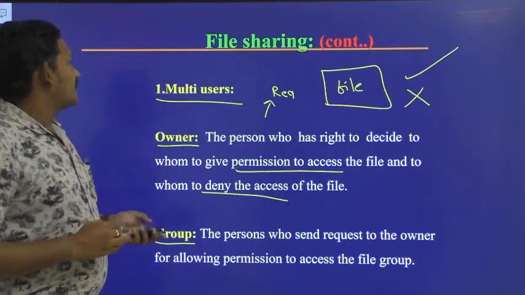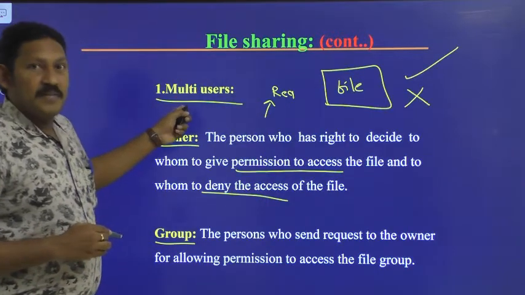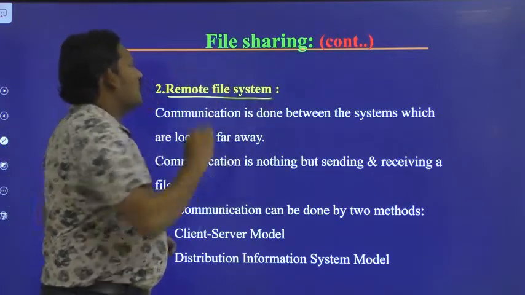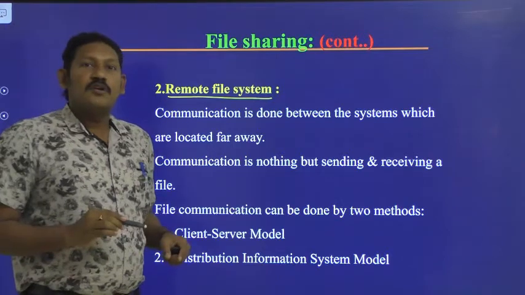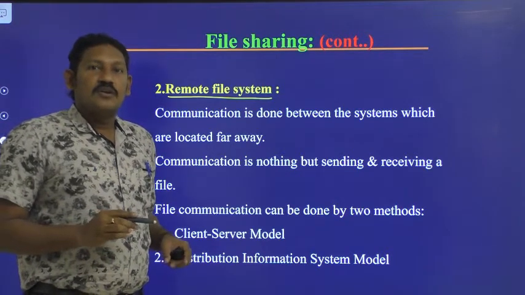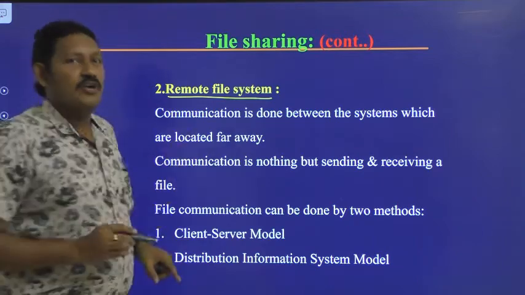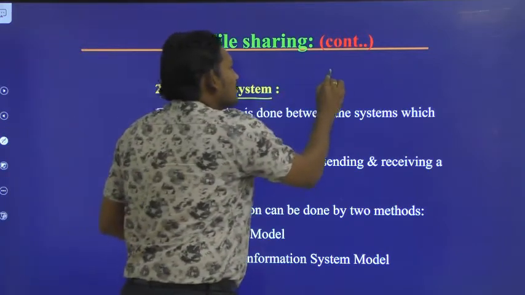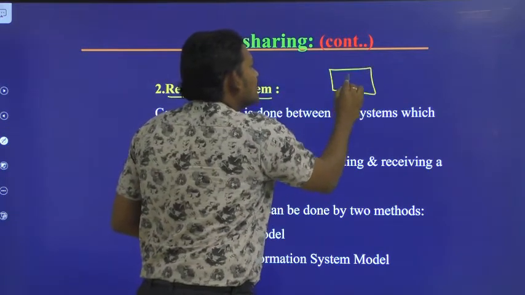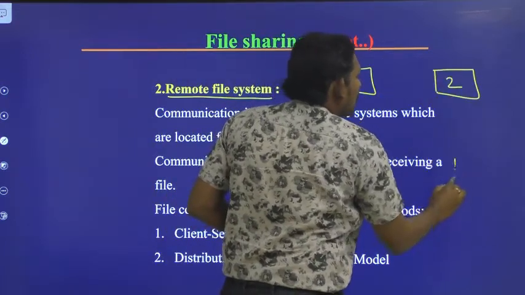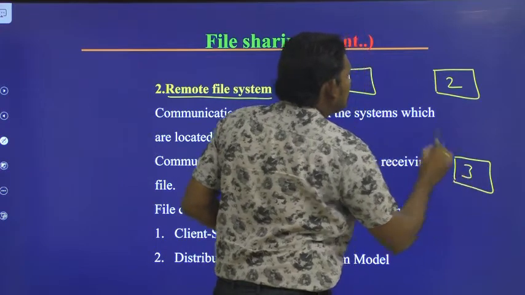In file sharing, we have discussed the multi-user case. The second one is the remote file system. What is a remote file system? It is communication between systems which are in remote locations. Suppose this is system 1, this is system 2 and this is system 3.